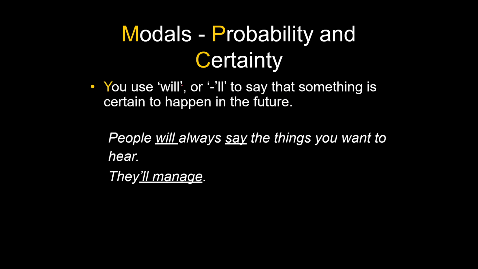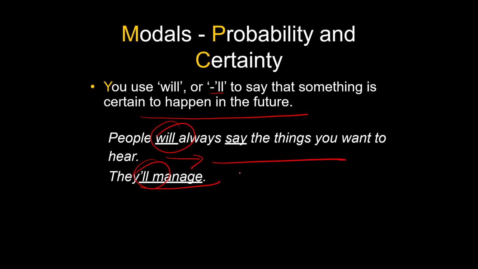Similarly, we use will or the short form of will to say that something is certain to happen in the future, like we do in simple future. "People will always say the things you want to hear." "They will manage." So we use will or its short form to express that something will happen in the future.